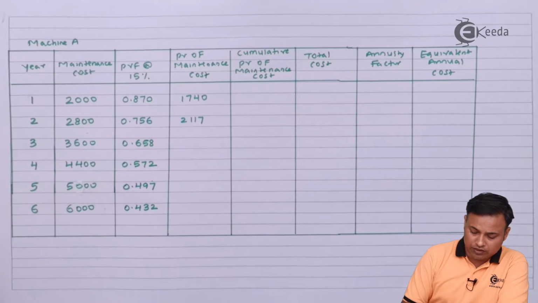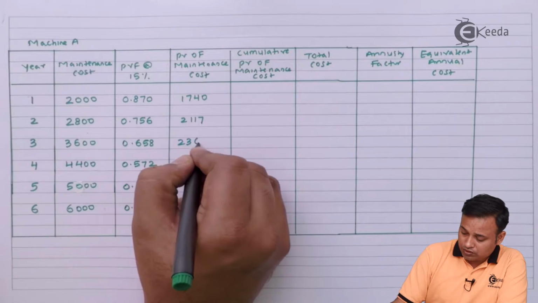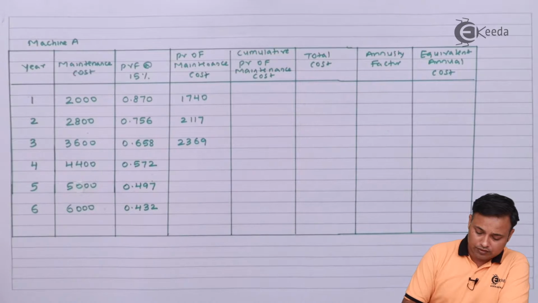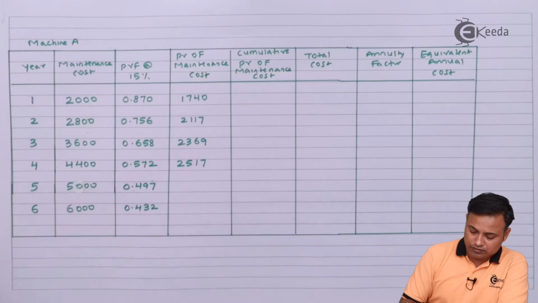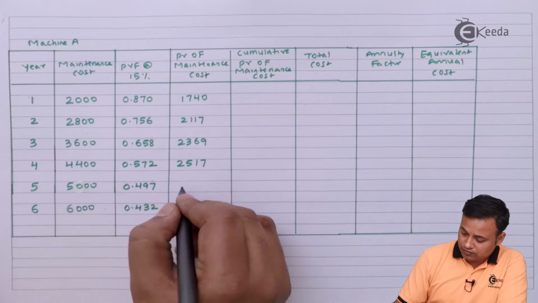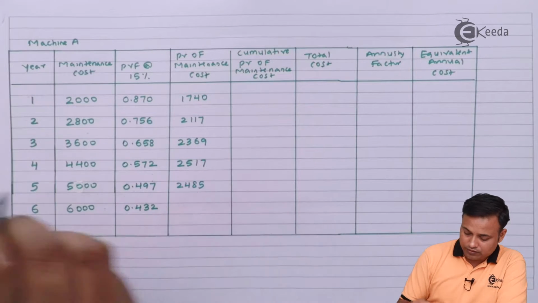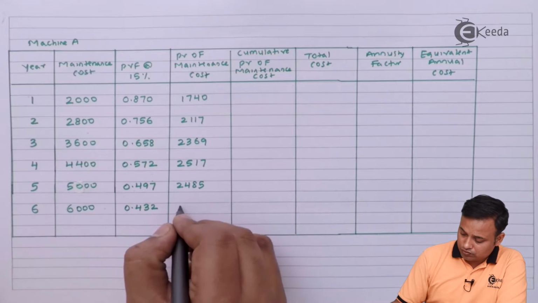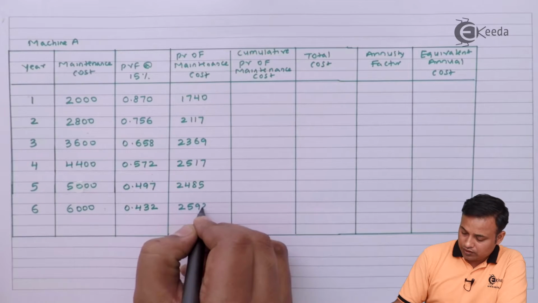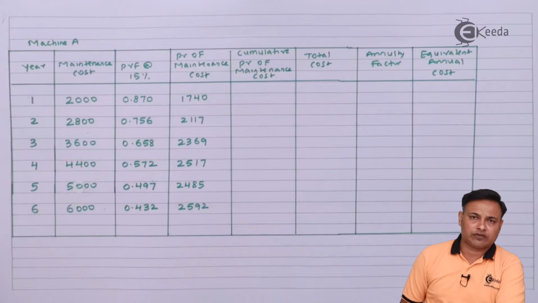We are just rounding off the number. 3600 multiplied by 0.658, 2368 आ रहा है. 4400 multiplied by 0.572, 2517. 5,000 multiplied by 0.497, 2485. 6,000 multiplied by 0.432, 2592. This is the present value of maintenance cost.